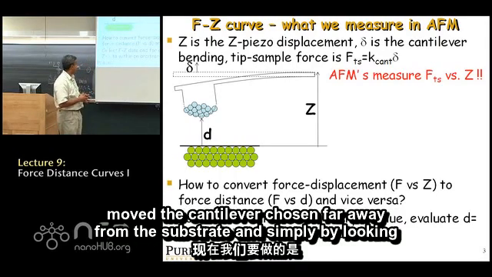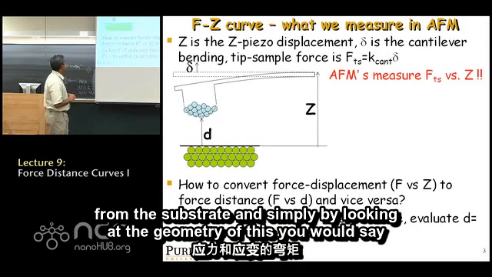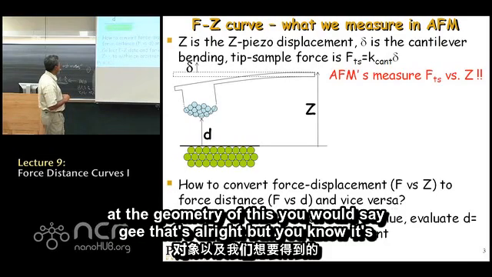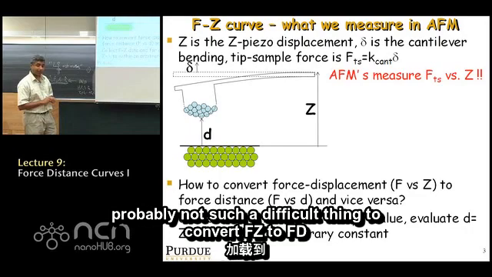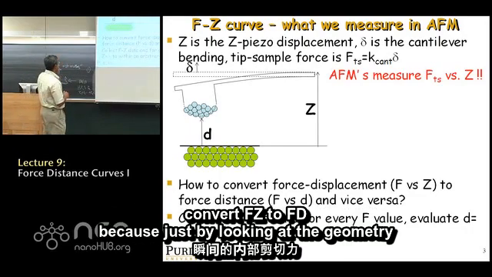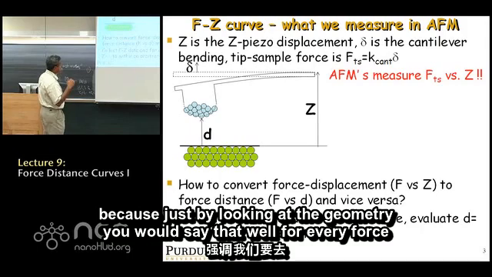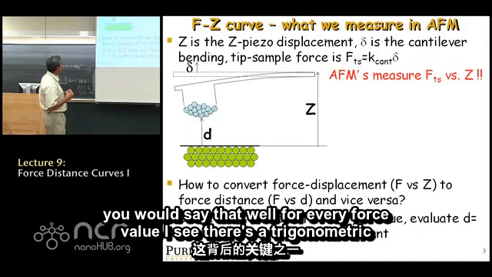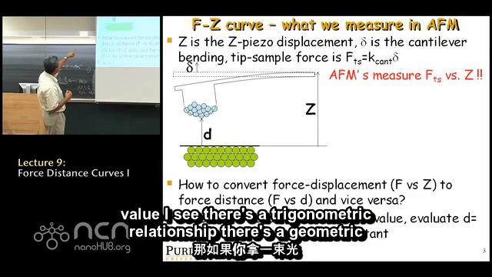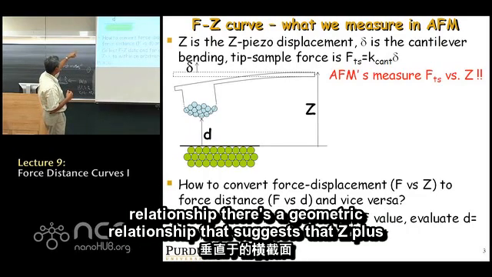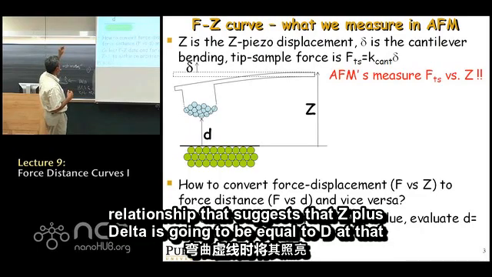away from the substrate. And simply by looking at the geometry of this, you would say, gee, that's all right, but it's probably not such a difficult thing to convert FZ to FD, because just by looking at the geometry, you would say that for every force value, there's a geometric relationship that suggests that Z plus delta is going to be equal to D, the tip-sample gap.